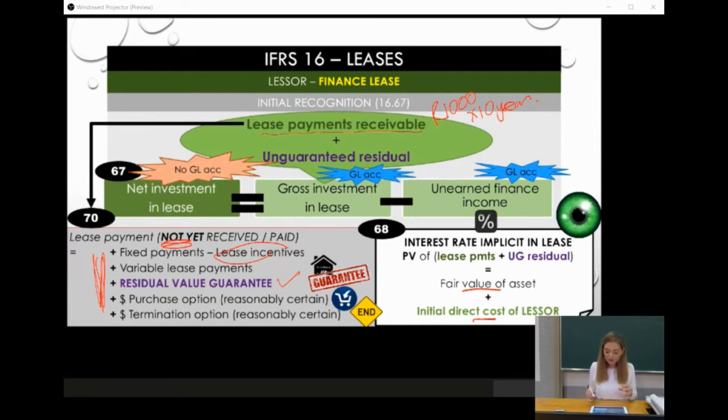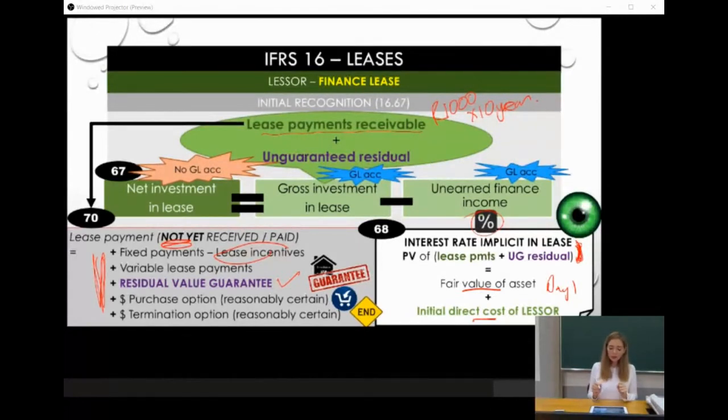So if the lessor is giving up an asset on day one, as well as some cash for initial direct costs, and in return they are getting all these lease payments as well as that unguaranteed residual value, what is the rate of return that they are getting on this transaction? And that is our interest rate implicit in the lease.